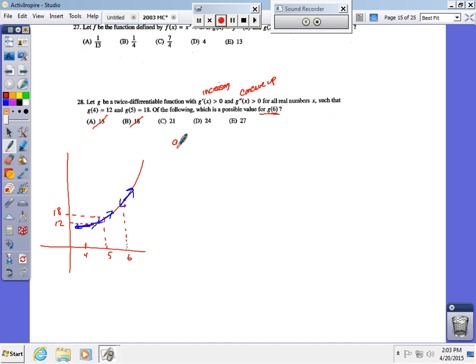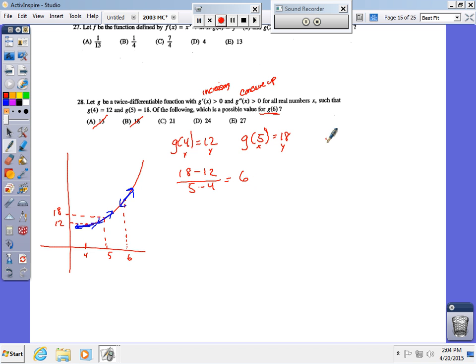I'm going to use g of 4 is equal to 12 and g of 5 is equal to 18. Those are the y values, these are the x values. So 18 minus 12 over 5 minus 4 is equal to 6. So I know the slope has to be greater than 6.